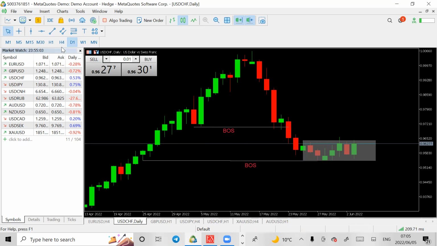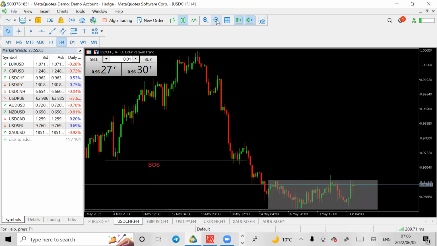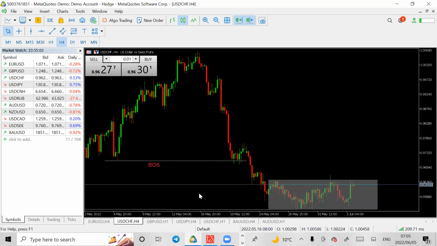Going to 4 hour, we saw a series of break of structures. You saw the first break of structure here, and you kept on seeing a couple of series of break of structures. Let me be marking them on 4 hour.